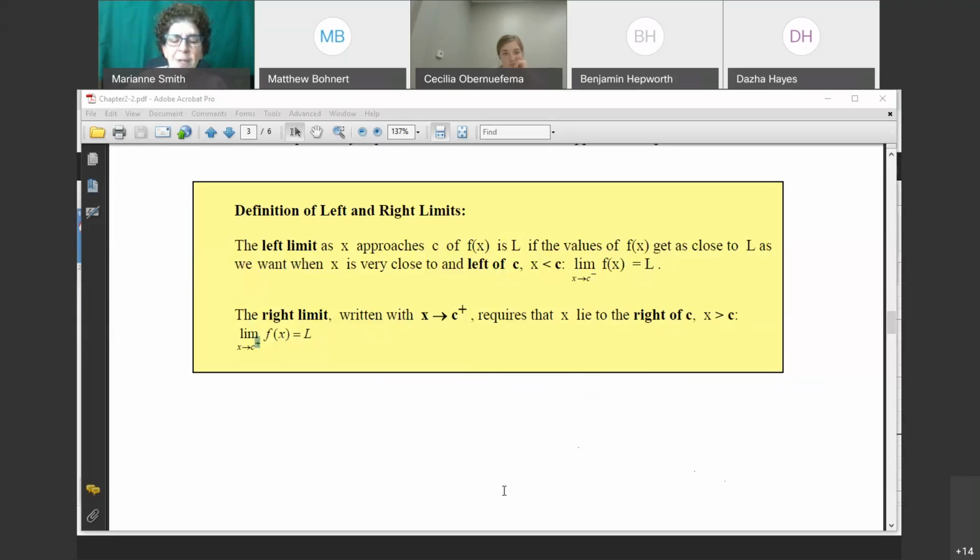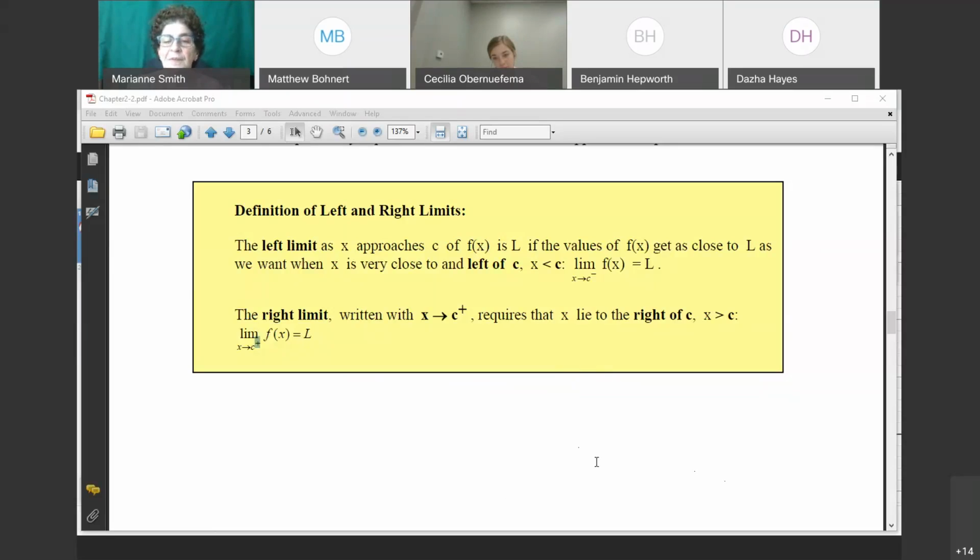Okay, so if f of x has a vertical asymptote at x equals 3, does the limit as x approaches 3 exist? And why or why not? This is a question I'm putting in the chat for you, okay?